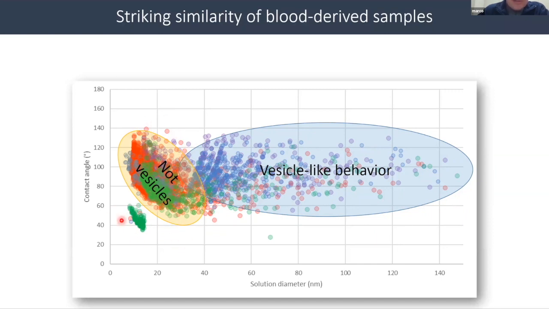And sometimes we have and sometimes we don't have this mysterious cluster here we've never encountered before. So all the samples looked very reproducible and very similar.